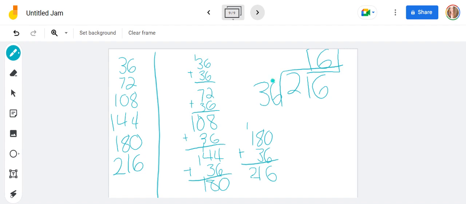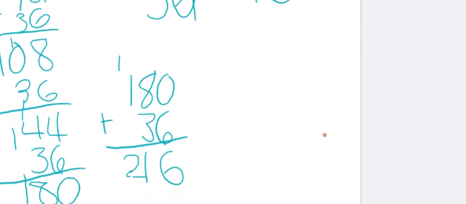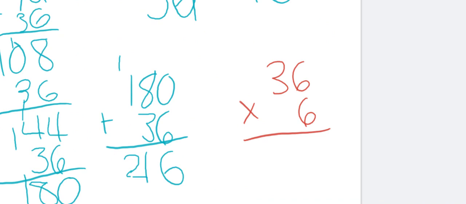And let's check. If I do 36 times 6, does it give me 216, which is the volume? So let's practice it. 36 times 6. Oh, I know 6 times 6 is 36. 6 times 3 is 18, plus 3 more, 18 in my head, 19, 20, 21.